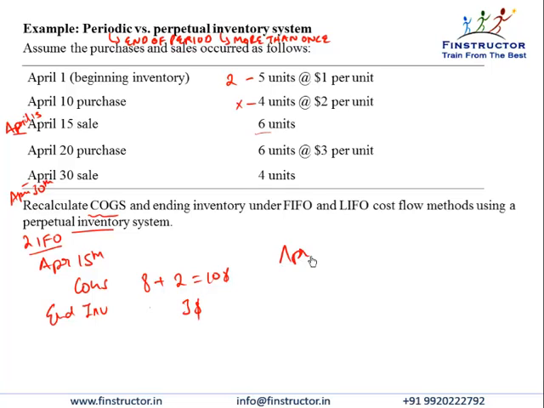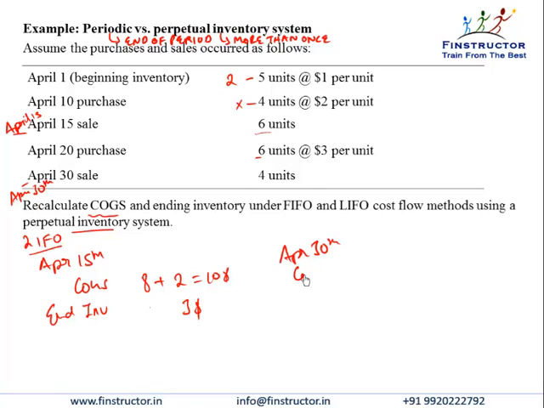Now on April 30th, when we value the inventory, we see that 4 additional units have been sold. Using the last in first out approach, we would assume that 4 of these 6 units have been sold at $3 per unit.